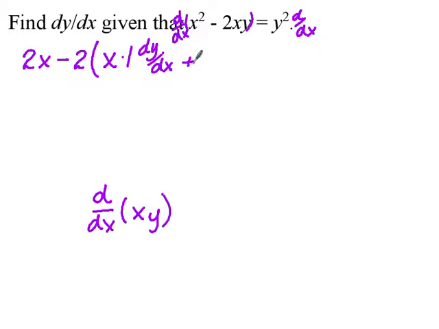Now you need to add to that your second, which is y, times the derivative of the first. What's the derivative of x? 1. Do your variables match? Yes, because you took the derivative of x, so x matches x. So that is the derivative with the product rule. Now on the right side, I have the derivative of y squared, which is what? 2y dy dx, because your variables don't match.